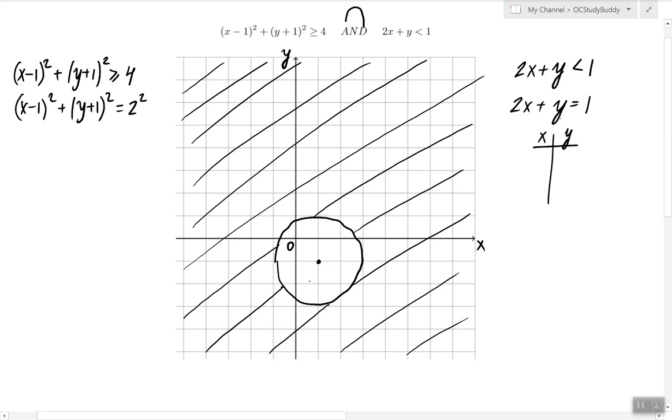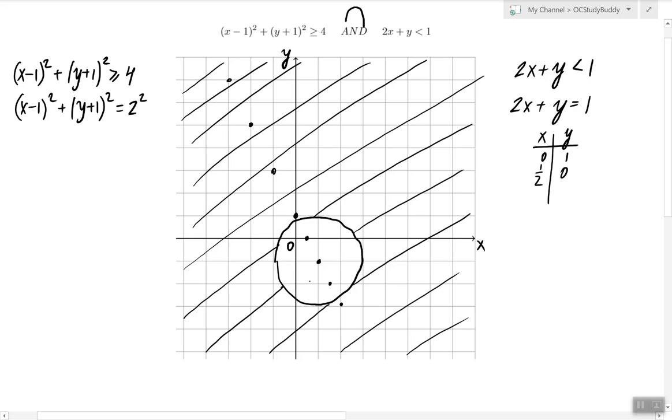So when x is equal to 0, y is 1. When y is equal to 0, x is equal to 1/2. So we have 0, 1, and 1/2, 0. So that basically gives us the following line.